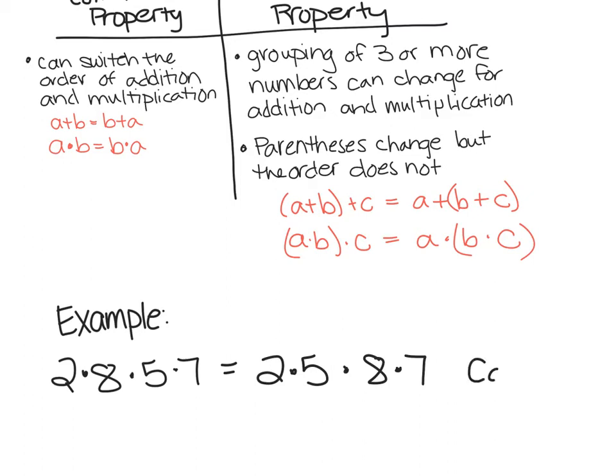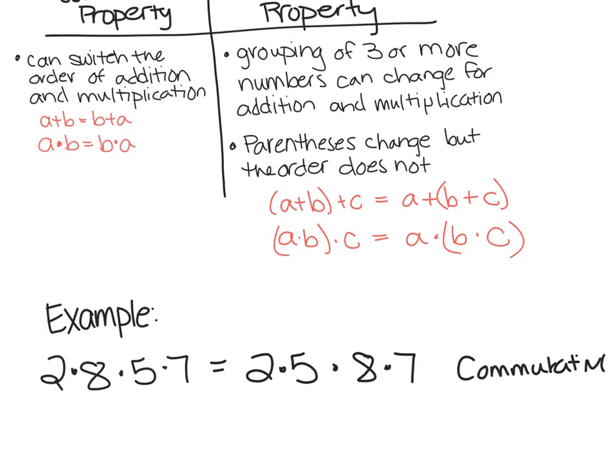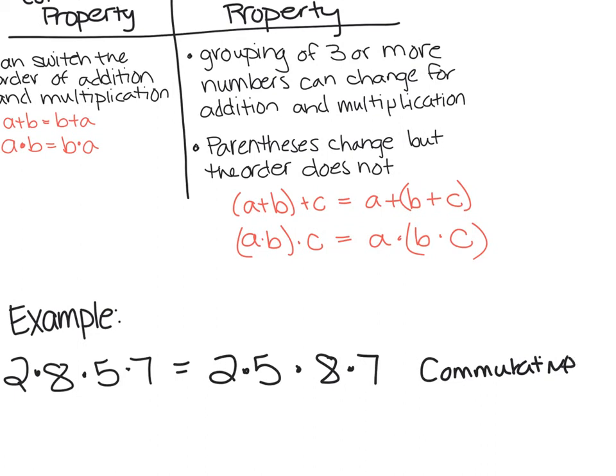So this was commutative addition. There's commutative addition and multiplication, so I'm just going to specify multiplication there. Now, this was multiplication. Commutative, multiply. Now I'm going to group them. So I'm going to do the 2 times the 5 first, then I'll multiply the 8 times the 7, then I'll multiply everything together.